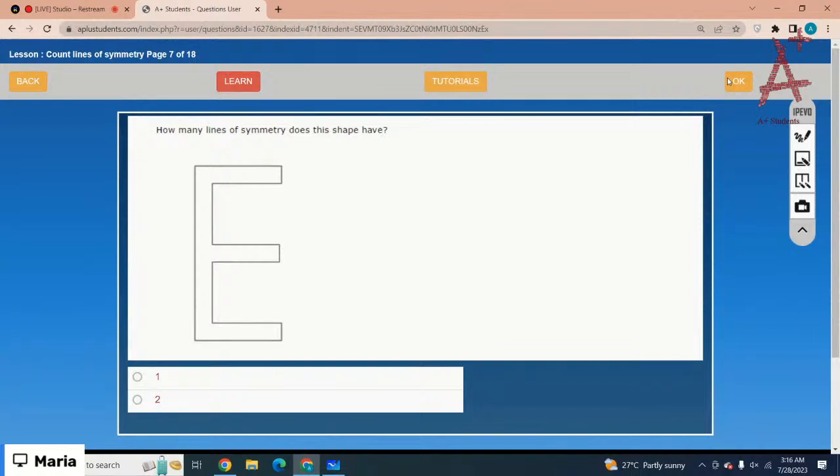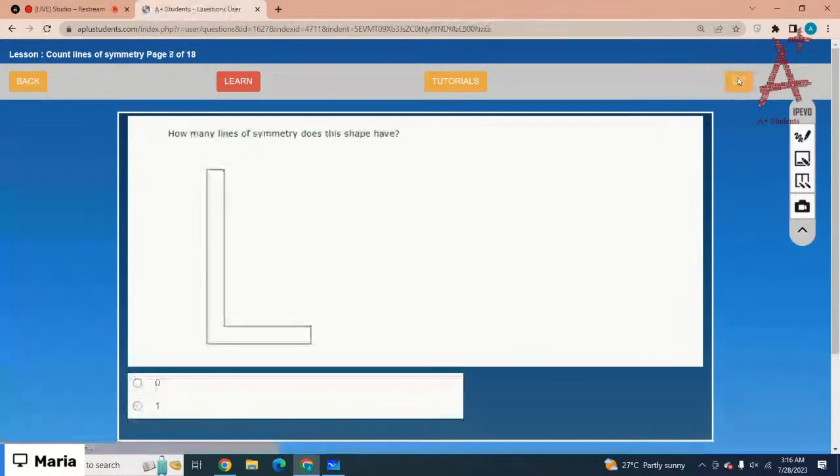How many lines of symmetry does this shape have? Only one line of symmetry. The correct option is 1. How many lines of symmetry does this shape have?